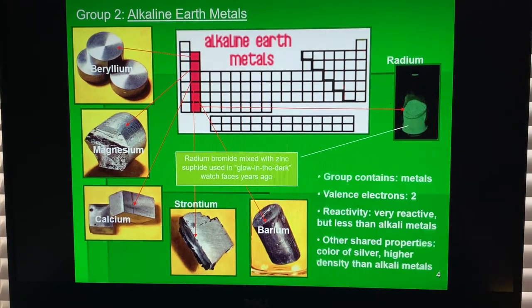While you're copying down this information about the alkaline earth metals, I'm going to tell you a little story about that. A play was actually made about the women who worked in the watch factories, and they would have to paint this radioactive material onto the watch faces as numbers and the hands of the watch.